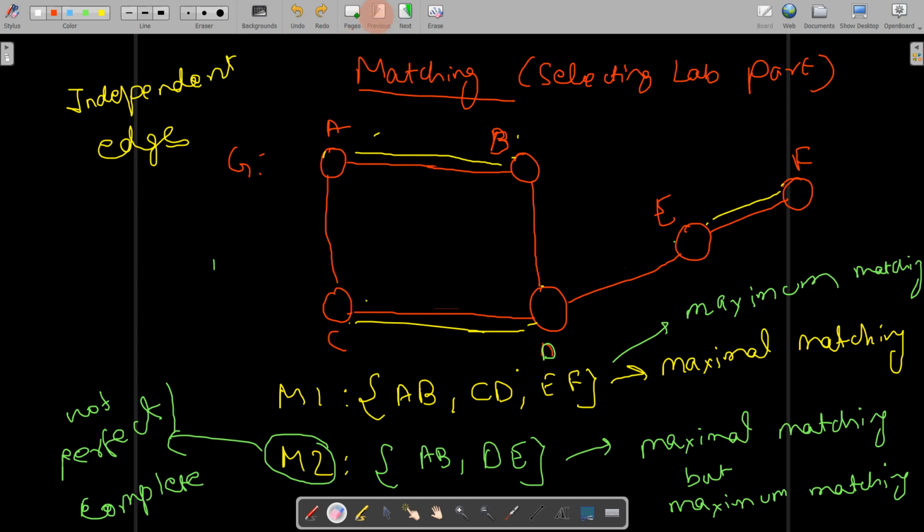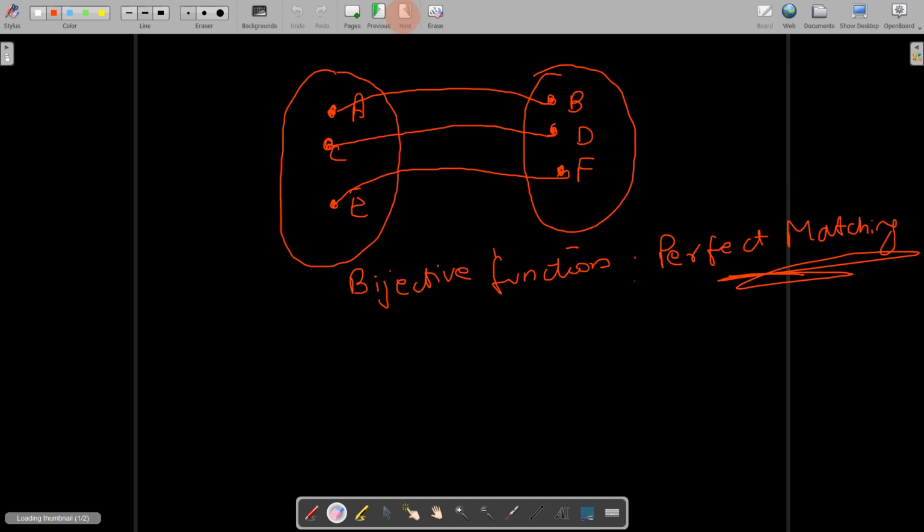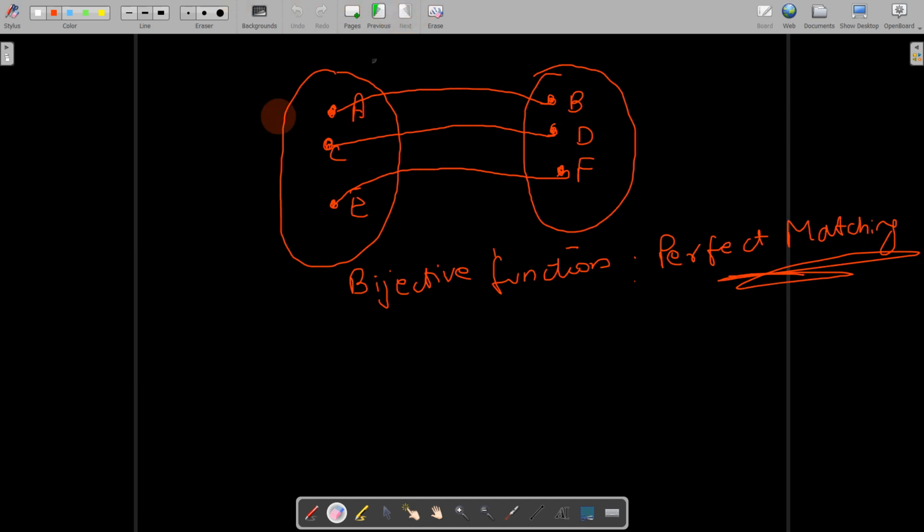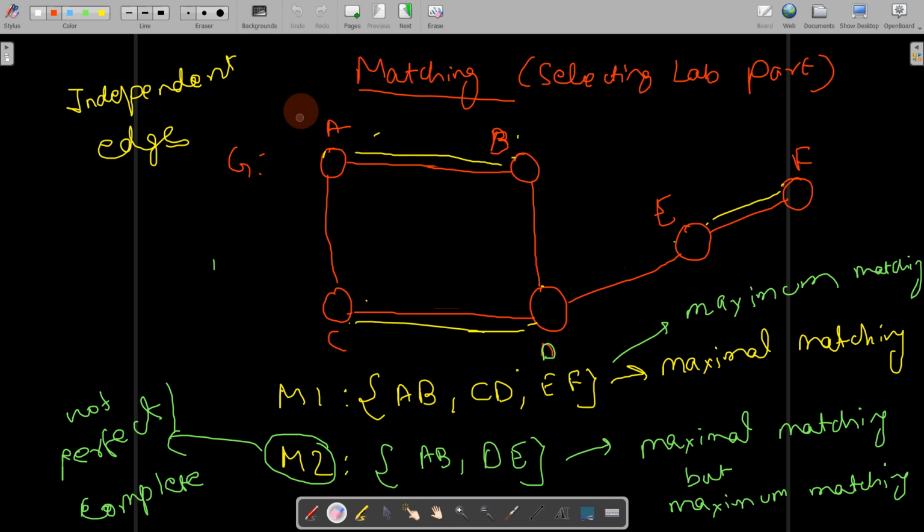Now we will go for some of the properties of perfect matching. So in a perfect matching, I can draw all the vertices in the matching edges. Whatever first vertices are there, A, C, E, we can take in a first set. And I know that in a bipartite graph the edges are between the sets, and the second vertex can be taken in another set.